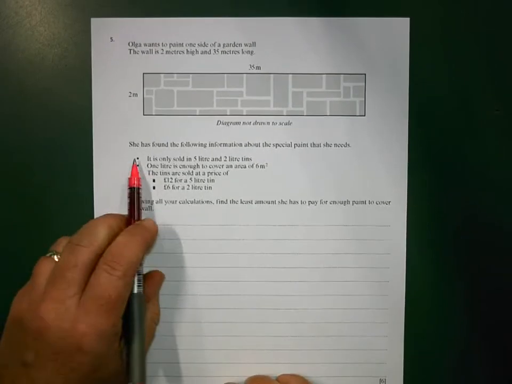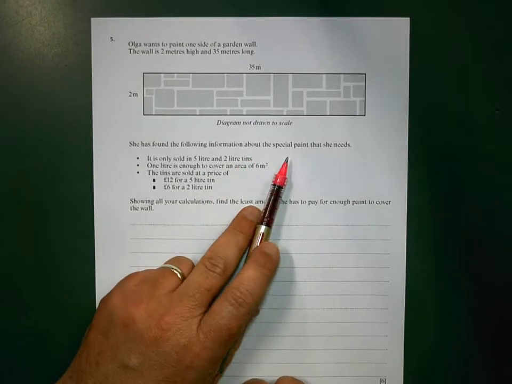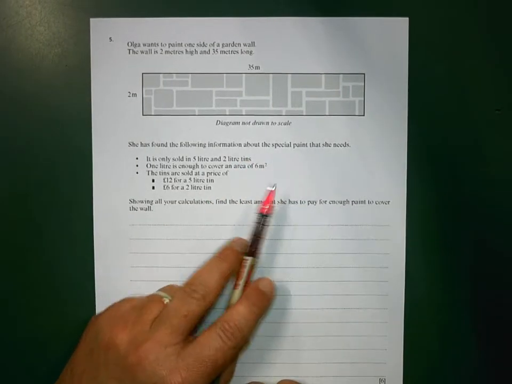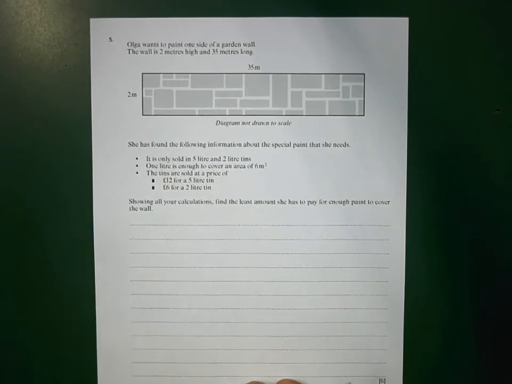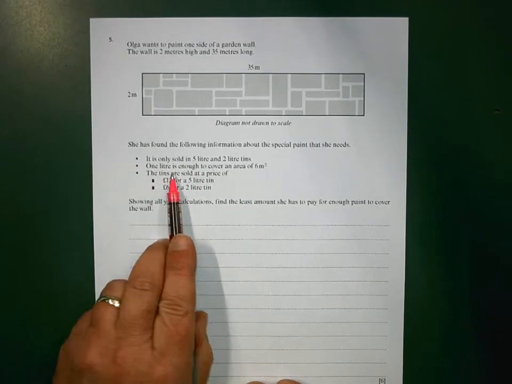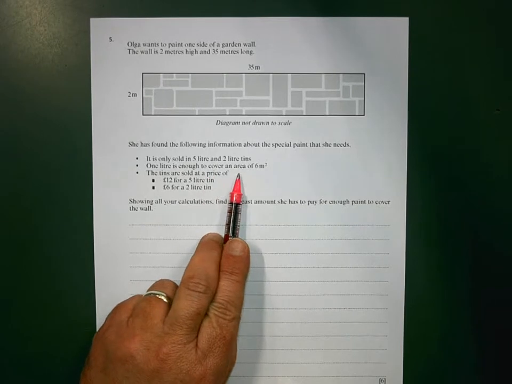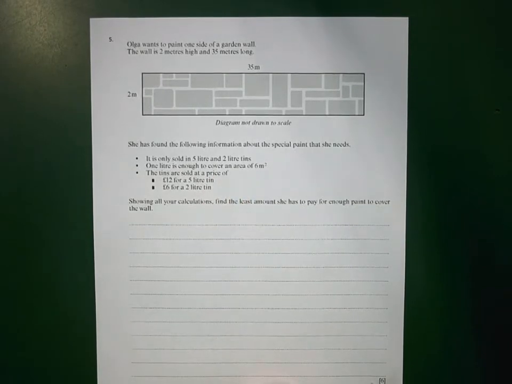So let's read this question. Olga wants to paint one side of a garden wall. The wall is 2 meters high and 35 meters long. She has found the following information about special paint that she needs. It is only sold in 5 litre and 2 litre tins. 1 litre is enough to cover an area of 6 square meters.